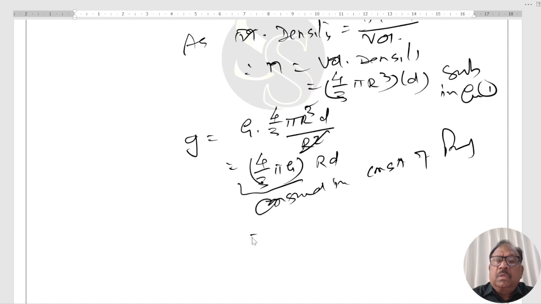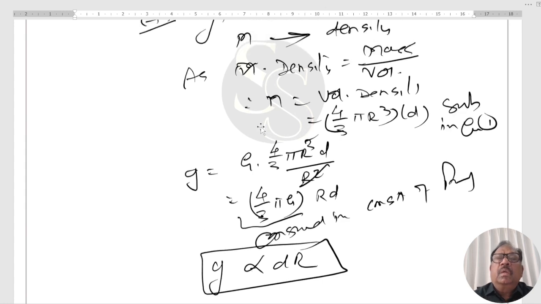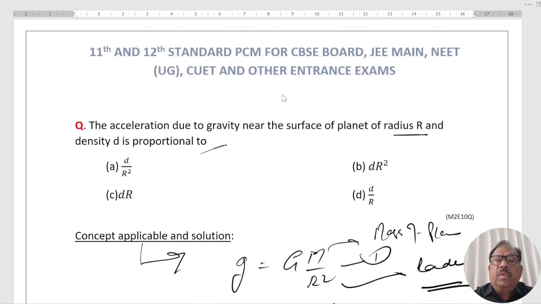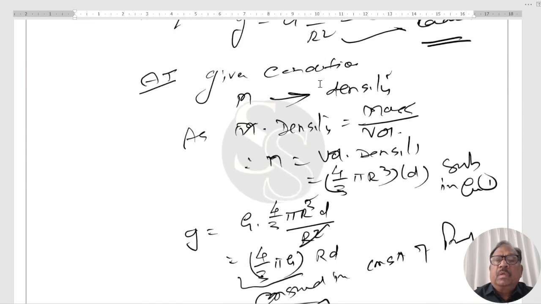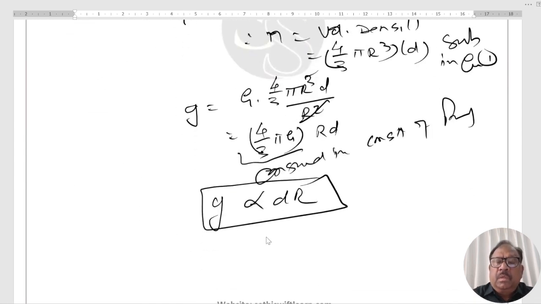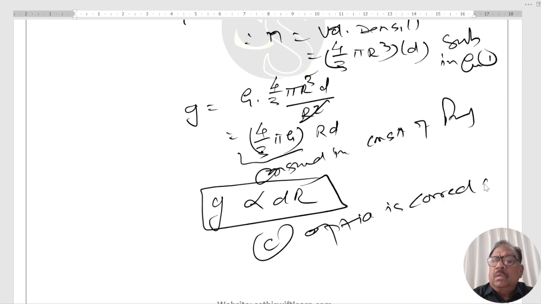So g is proportional to dR. g proportional to dR. Let's see the answer. dR, option C is correct. Correct answer. Right. Next question.